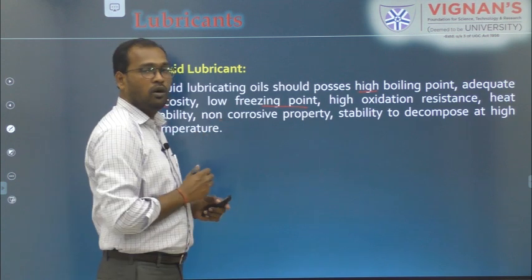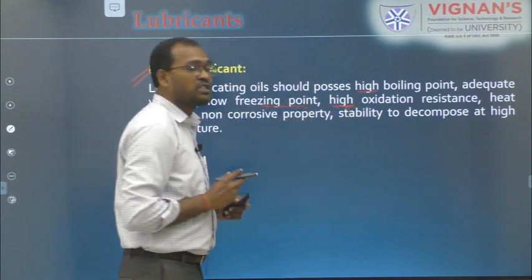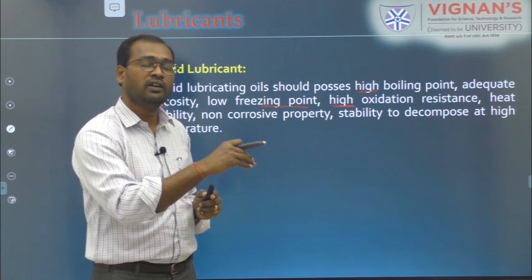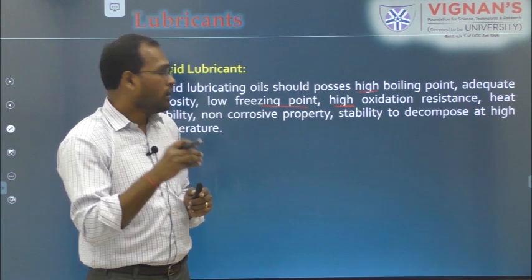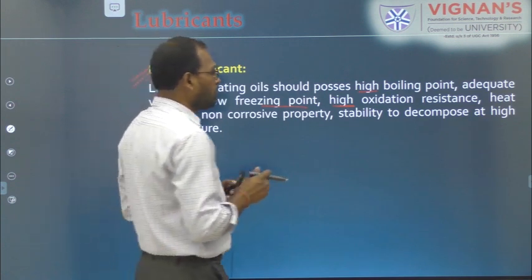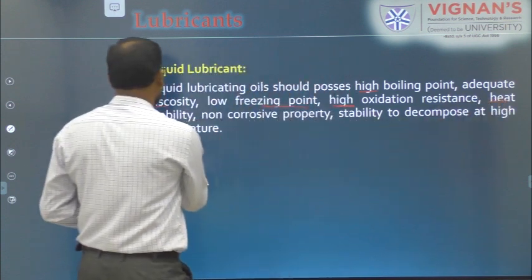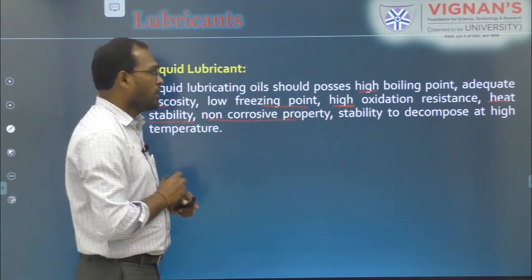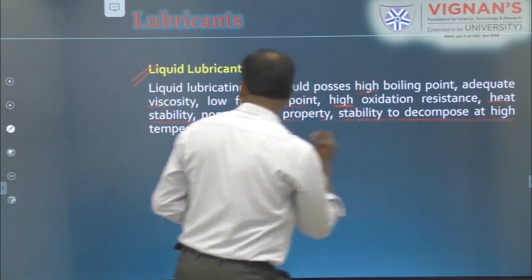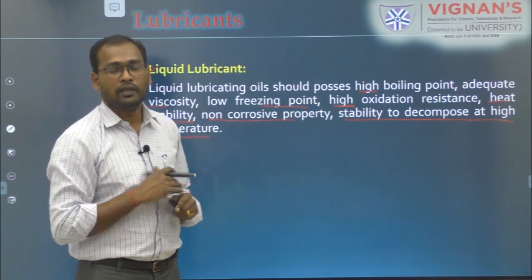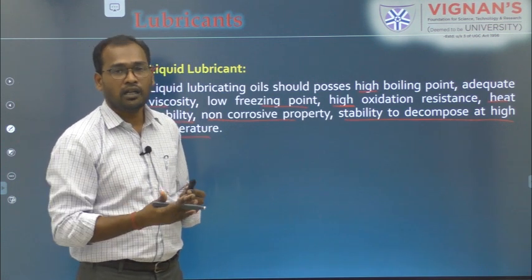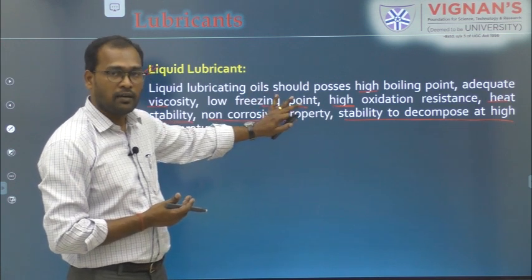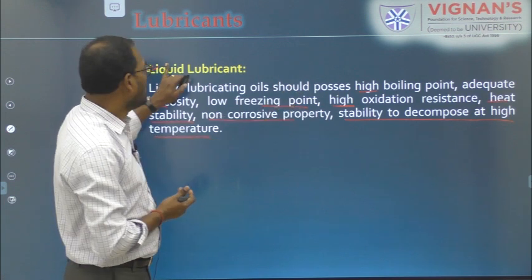They should have very high oxidation resistance, because oxygen would lead to corrosion of the material. They should have high heat stability, be non-corrosive, and decompose only at a very high temperature. These are the properties looked for in liquid lubricants.